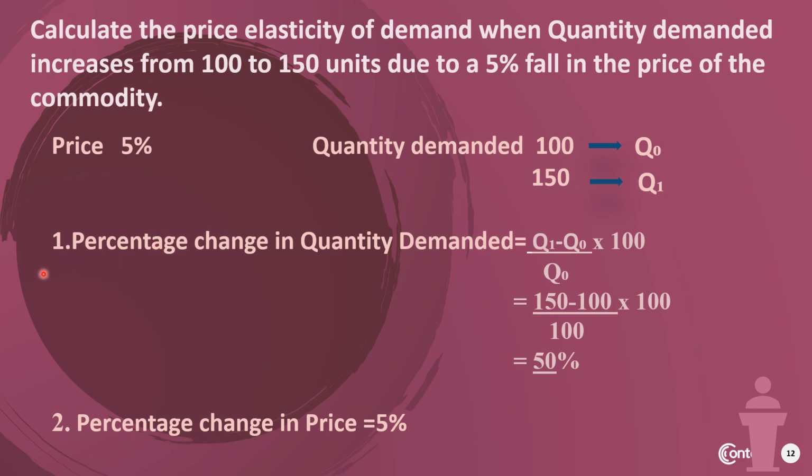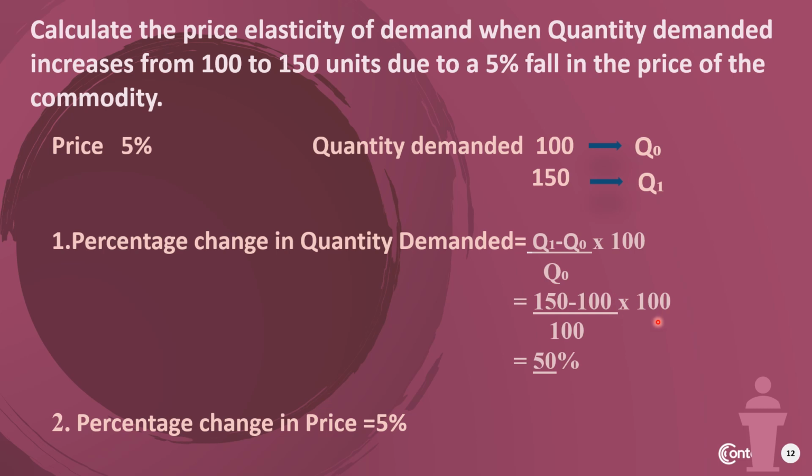The first step is percentage change in quantity demanded equals (Q1 minus Q0) upon Q0 into 100. So we substituted the values in the formula. So 150, which is Q1, minus 100, which is Q0, divided by 100, which again is Q0.